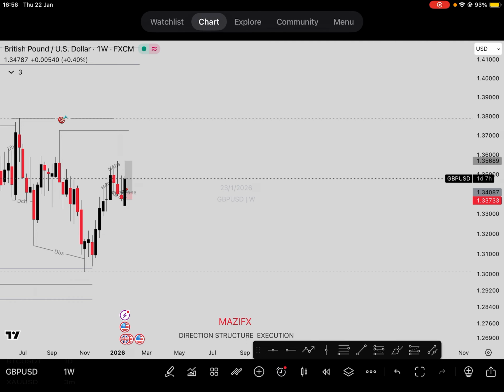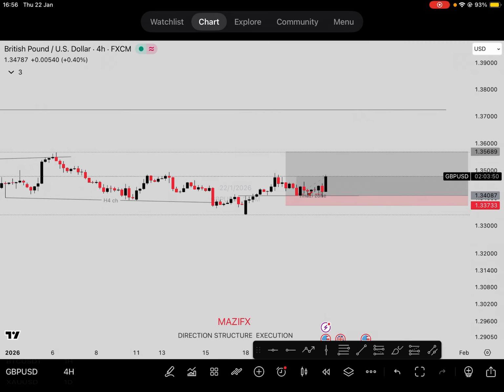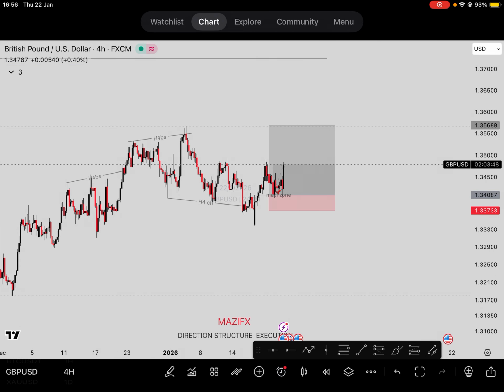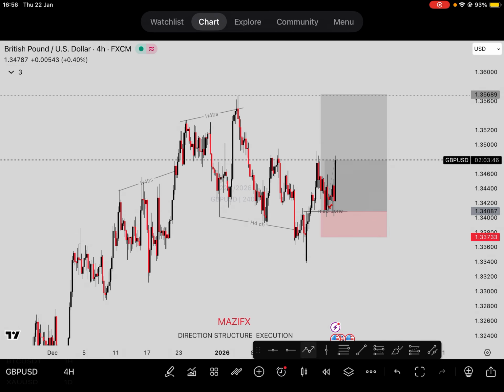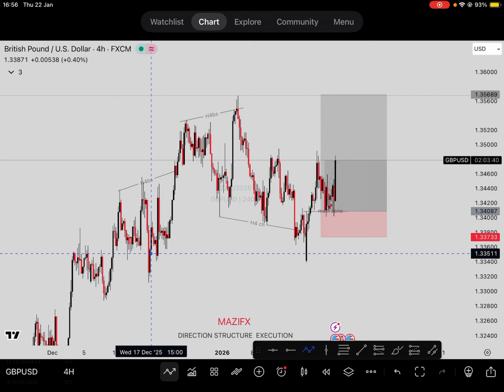Even the retracement candles, the bearish candles, I cannot compare them to the bullish candles. So I decided that since this last bullish structure failed, I'm expecting this second one to hold, because that is how I trade.